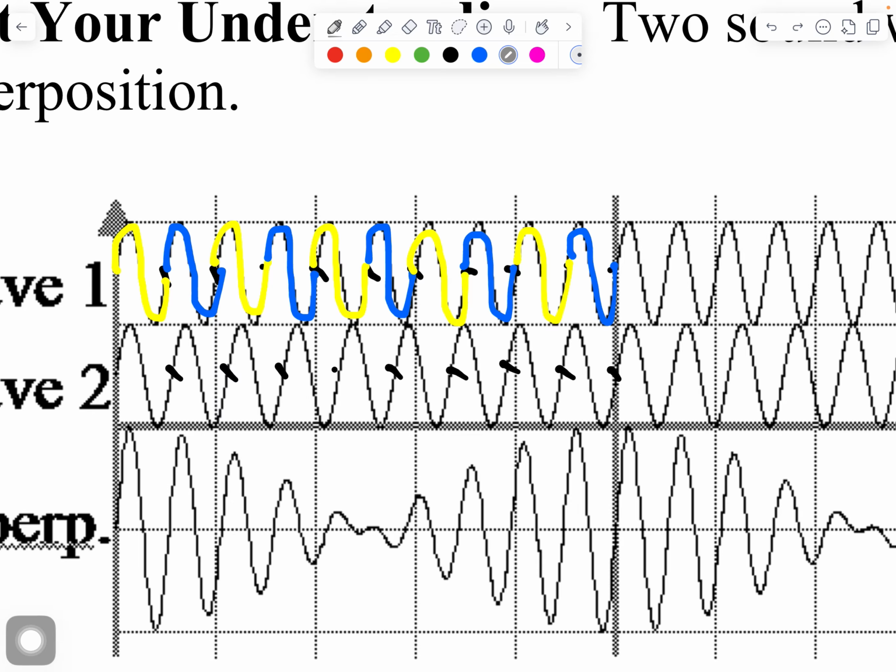I'll choose 2 different colors here. So I got wave 1, wave 2. Let me go orange and red.